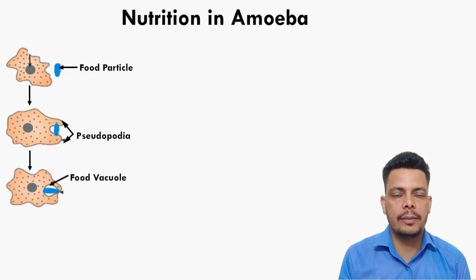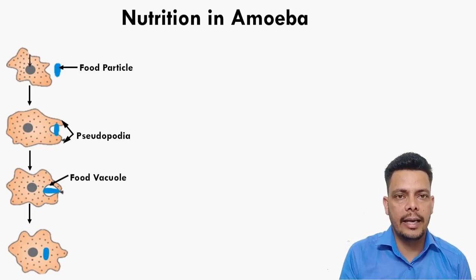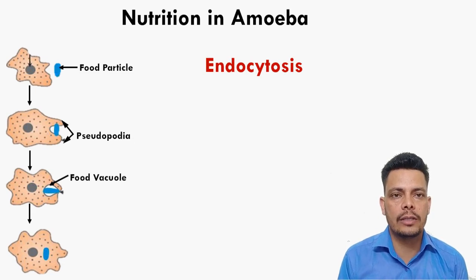As I described earlier, it takes the food inside the body and makes the food vacuole. In the food vacuole, the digestive enzymes digest the food and the nutrients are taken out, and then it throws the remaining food outside the body. So this whole process of taking in food is known as endocytosis.